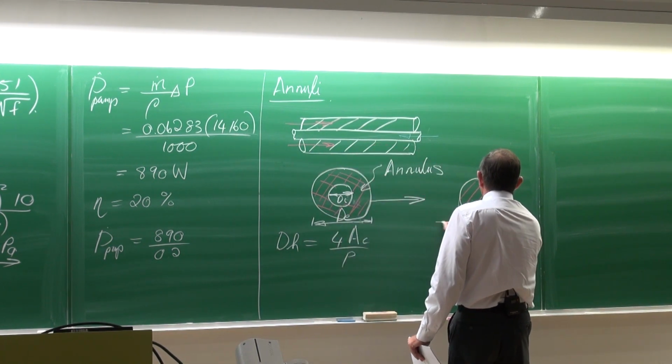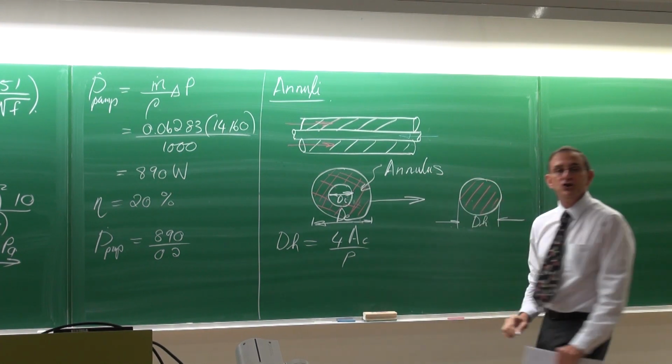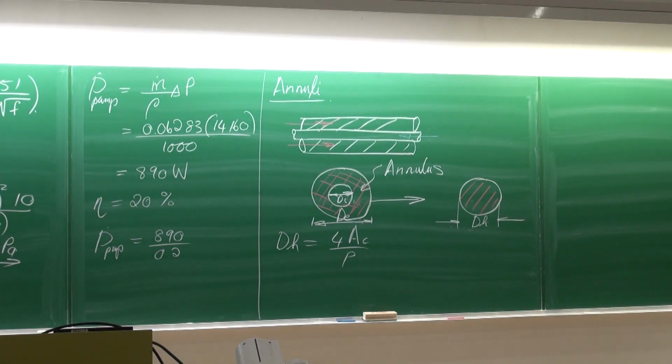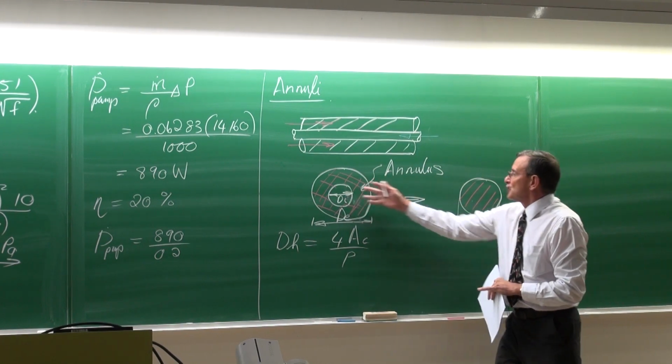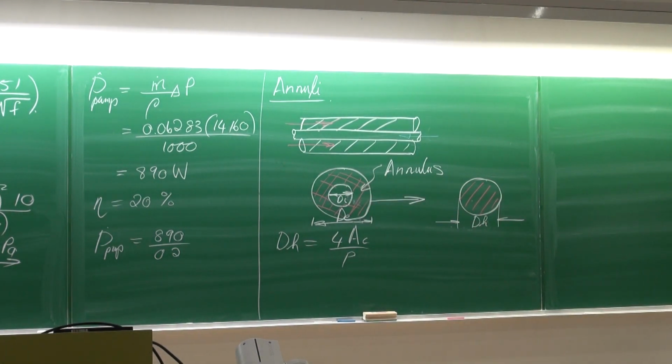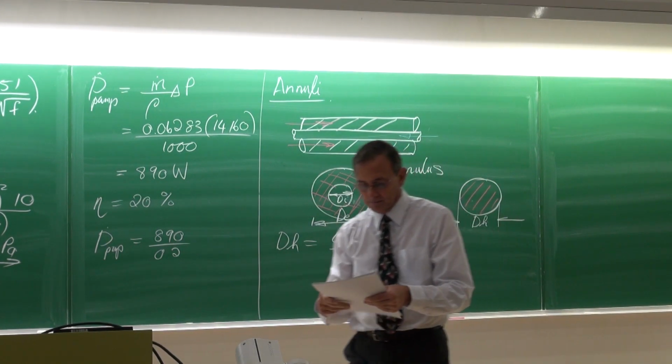Now we've got something different, almost the same, a circular tube, but it has a hydraulic diameter dH. So by using the concept of the hydraulic diameter, we can transform this to a normal tube and make use of the normal equations of Sieder-Tate, Gnielinski, etc.